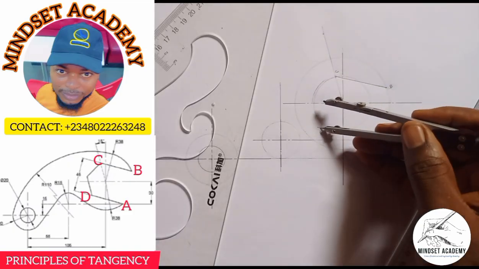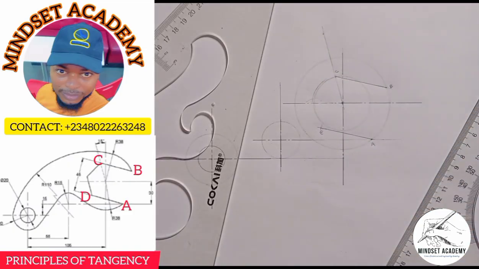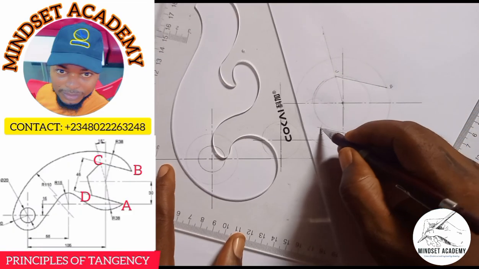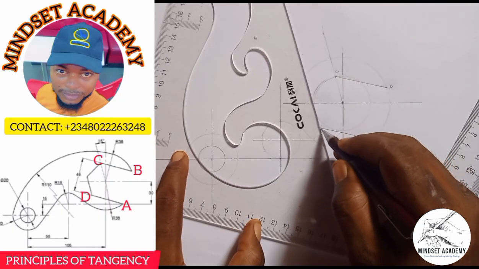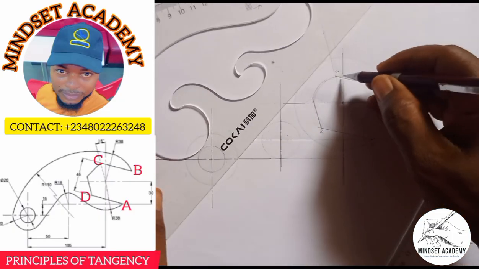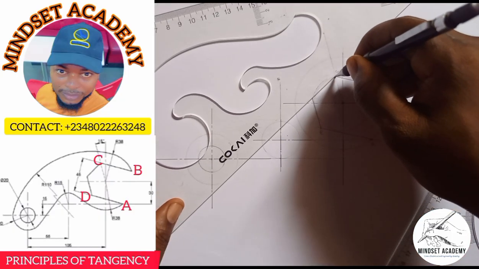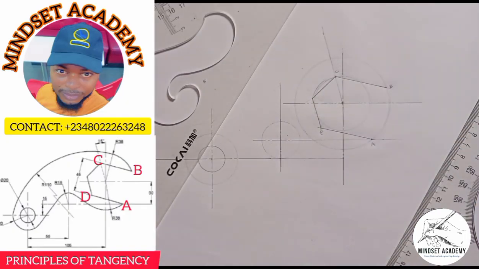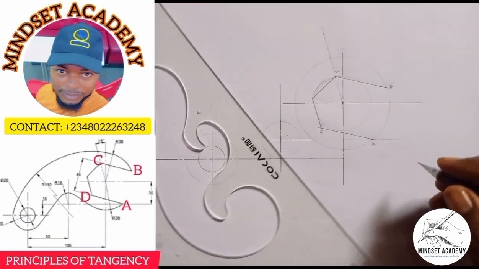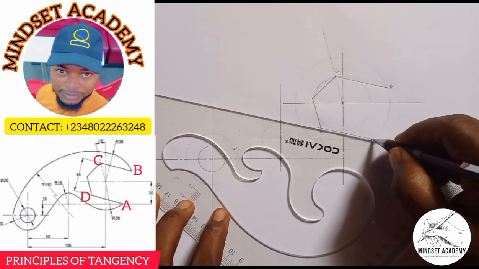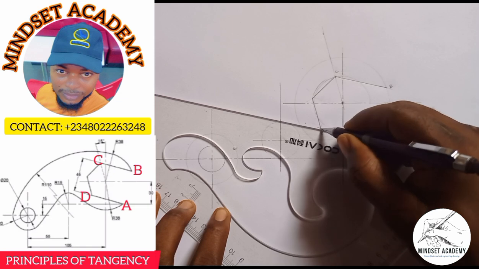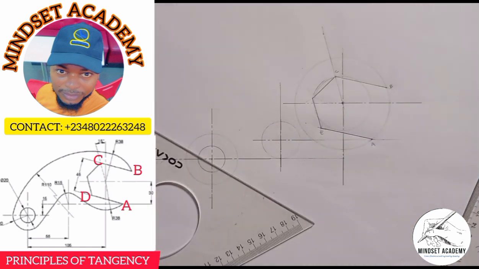Then you're coming from here to here also, you strike another arc. So where they meet will be what I will use as the other point here. Hope you can see that. So ticking this.